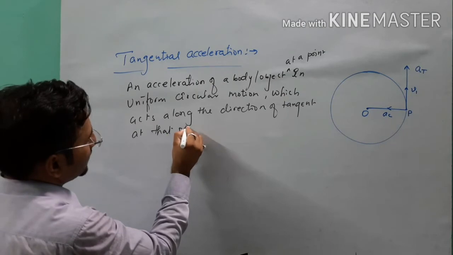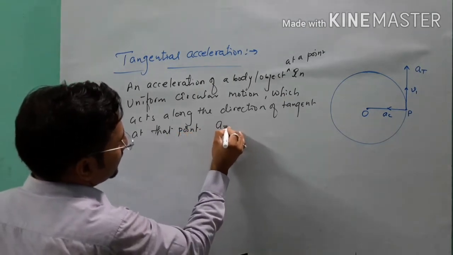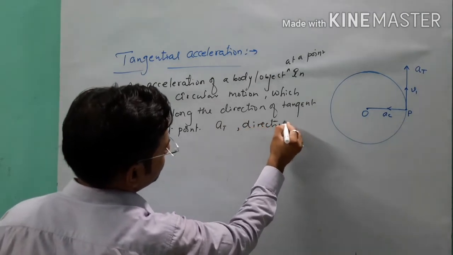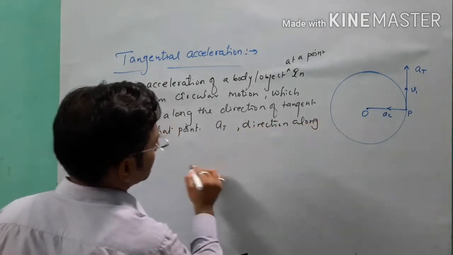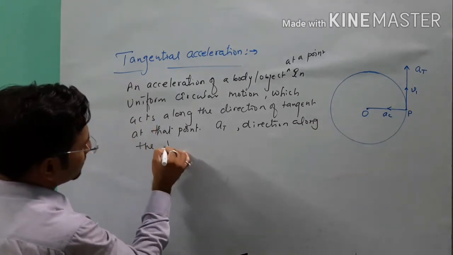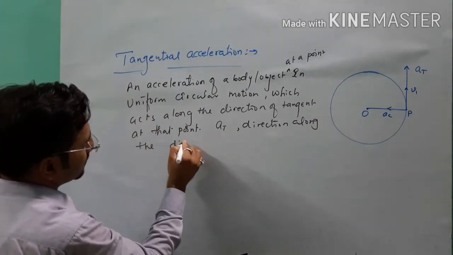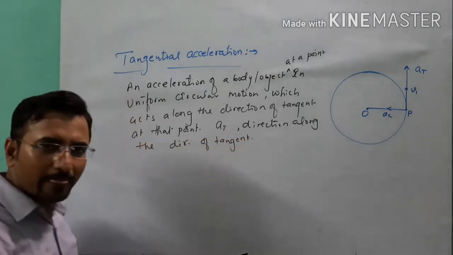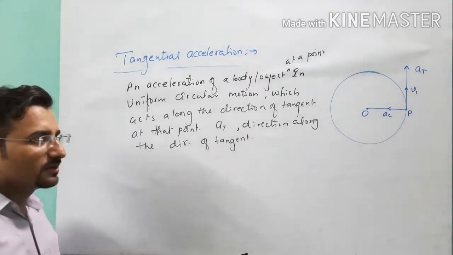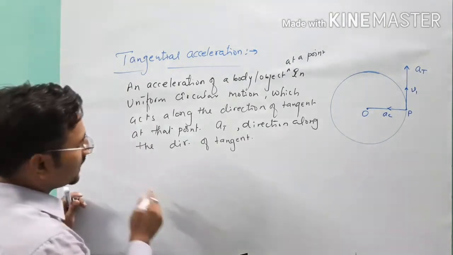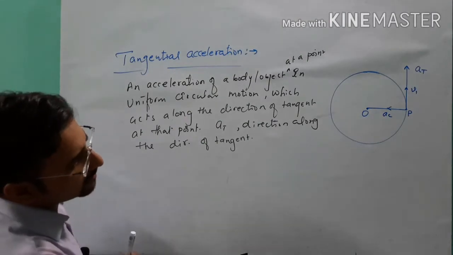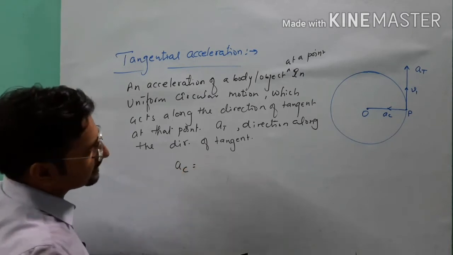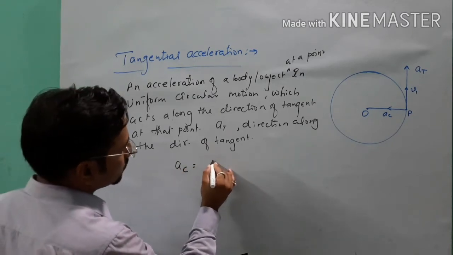Now the language is complete. It is denoted by at, and its direction is along the direction of the tangent. This is the direction of tangential acceleration. Now see here, as we have written here about the value of centripetal acceleration AC, which is equal to what?